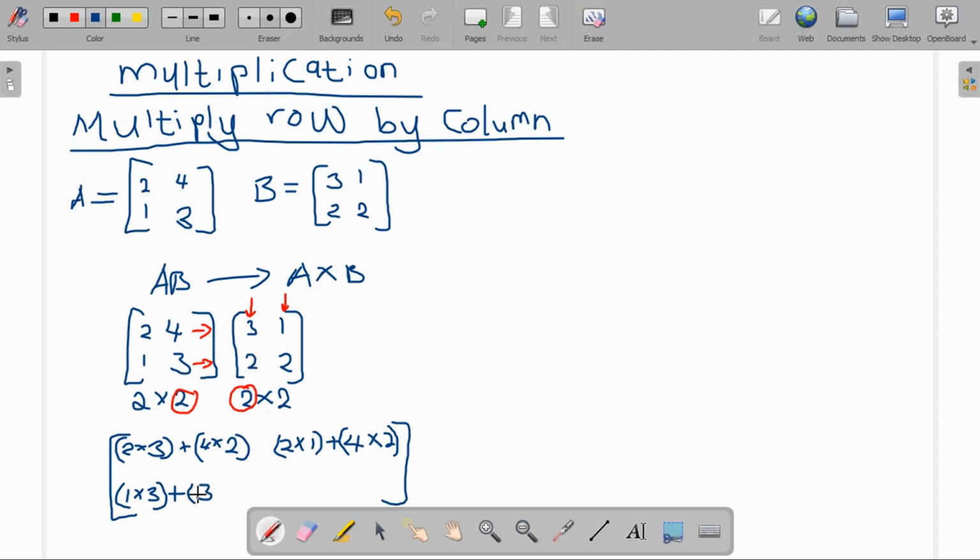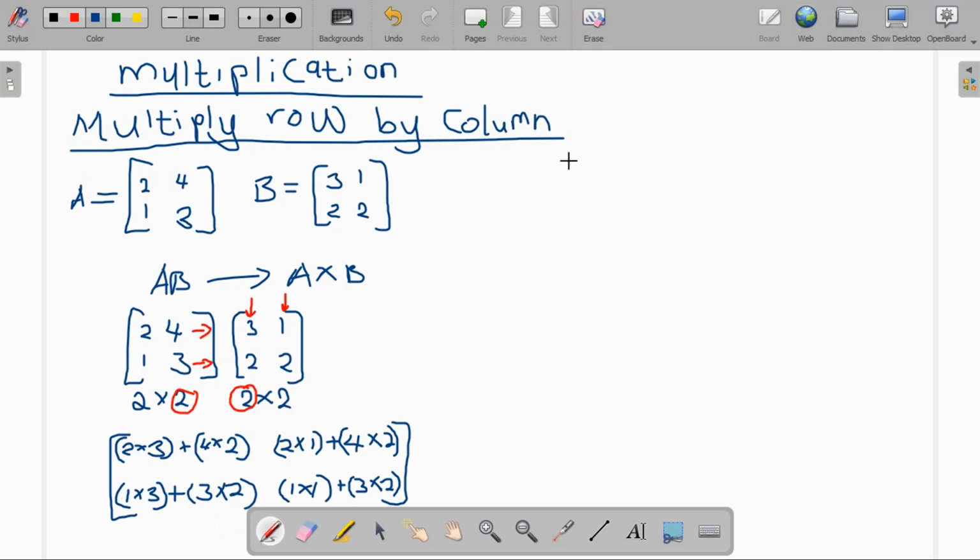Then open another row and another column, the same row, column: 1 multiplied by 1, close, and then plus open 3 multiplied by 2, so it is 3 times 2. That's how we multiply. It's a row by column, row by column, row by column, down the other side. So that's what we do.